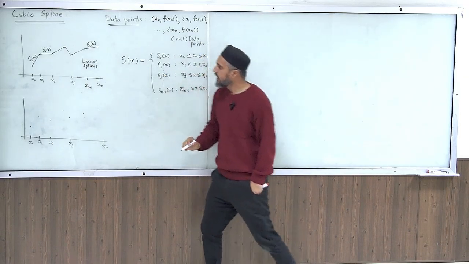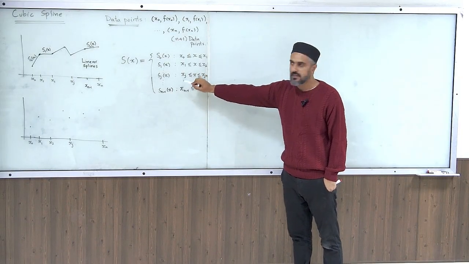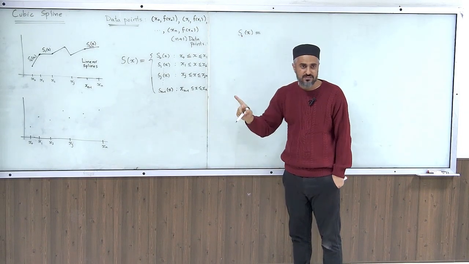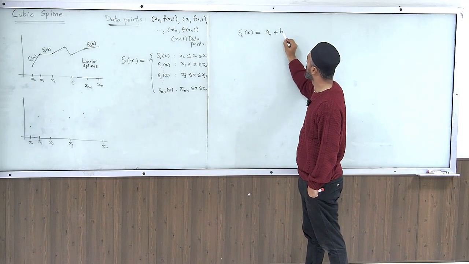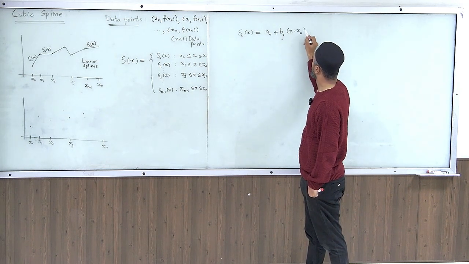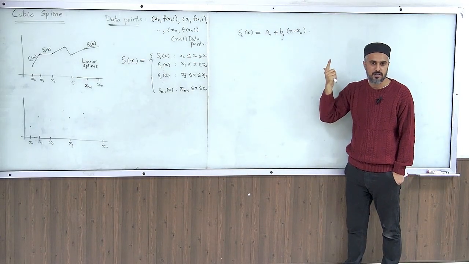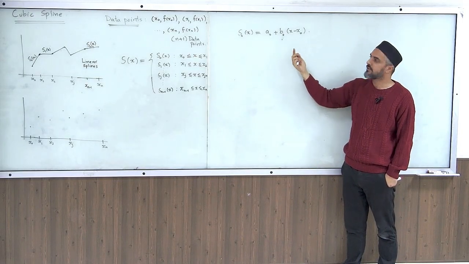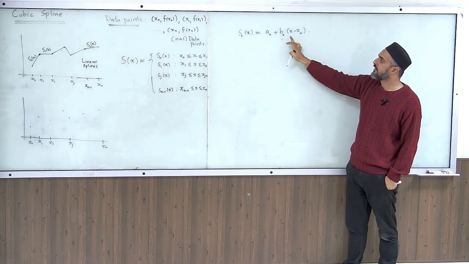Now let me write any of the sj of x, say s naught of x. Since it is a straight line, the equation will be a naught plus b naught into x minus x naught.